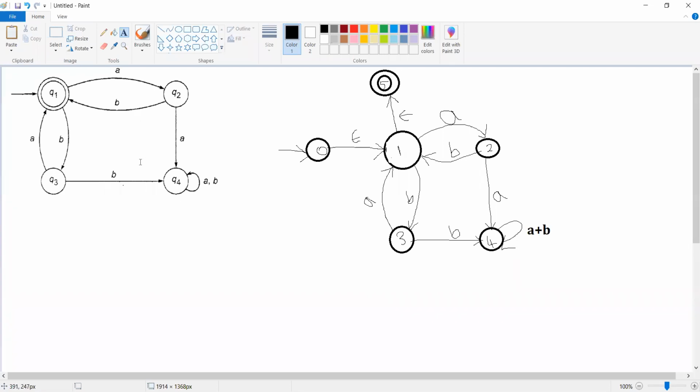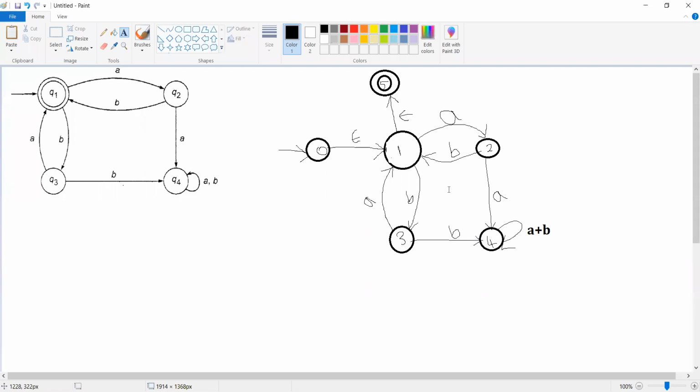Please have a look at this diagram very carefully. Once you try to remove state 4, you have one incoming transition, but you don't have any outgoing transitions. In that sense, we can say that this state 4 is going to be the dead state. Please try to understand.